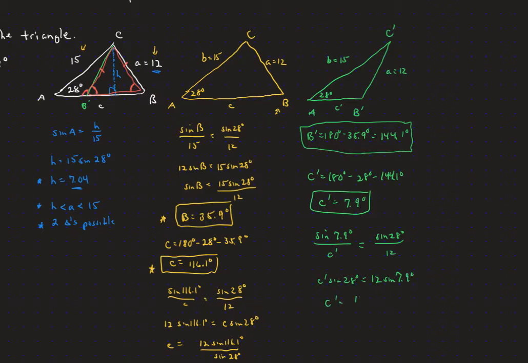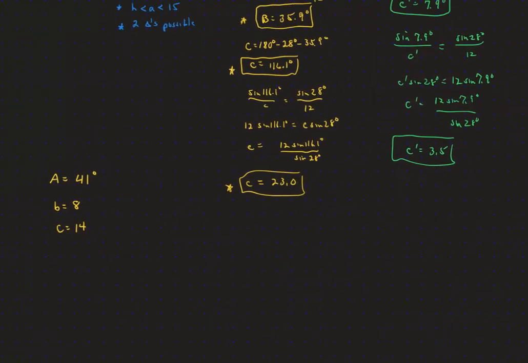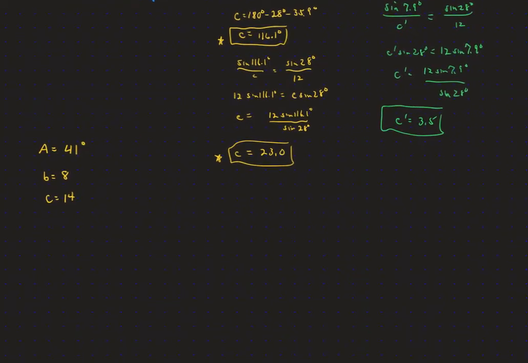So C prime is going to be 12 sine of 7.9 divided by the sine of 28. And that looks like 3.5, or 3.513. We've solved both triangles. Okay? I kind of ran into the other one. That's all right. We'll make it work.